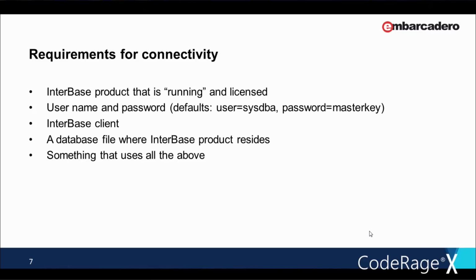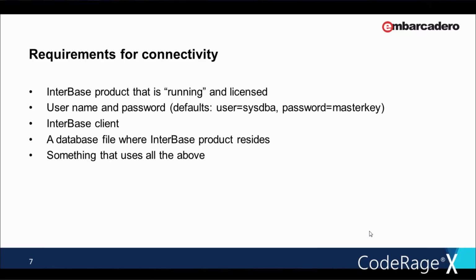So finally, what do we need to connect? We need an InterBase product that's running and licensed. I've put running in quotes here because running typically would mean an InterBase server, but in the case of IB Lite, that's really just a DLL that you're deploying with your application. But it still has to be licensed. Of course, you need a username and password.